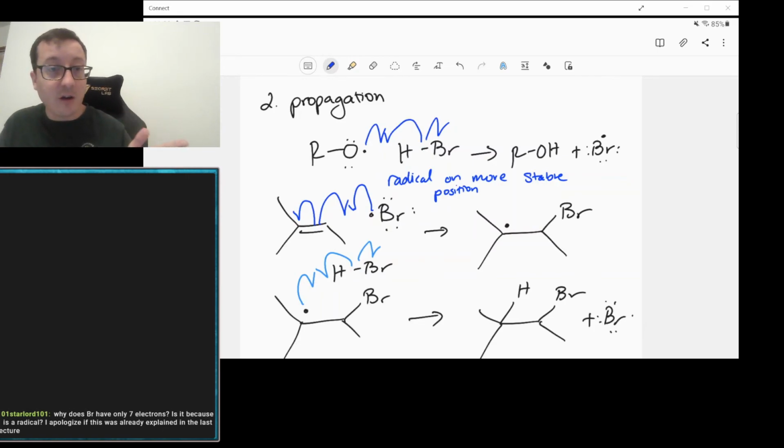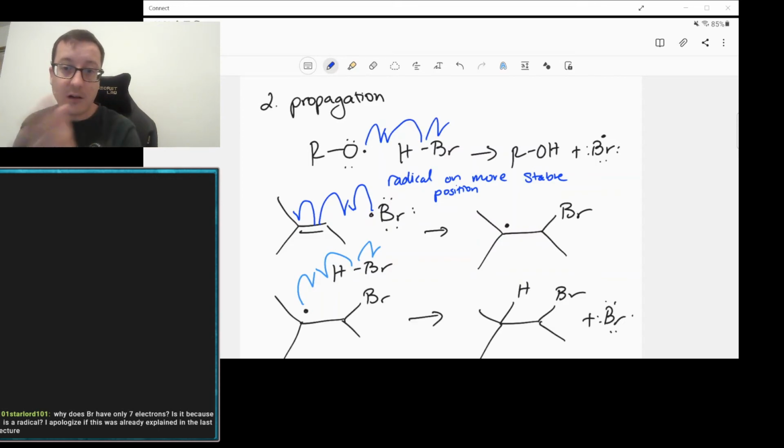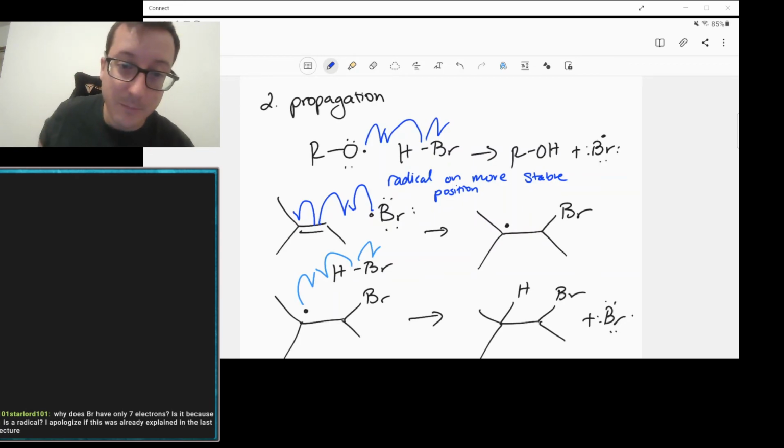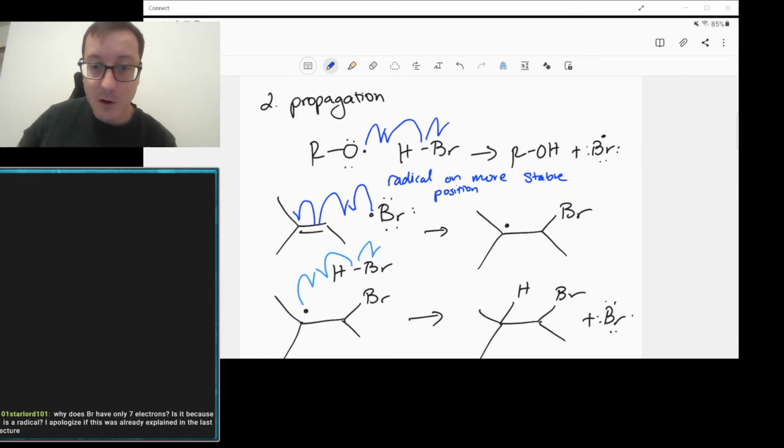So we have our peroxide radical attack a hydrogen bromide, making an alcohol and the bromine radical. The bromine radical then can add to the double bond, add to a pi bond, creating a radical, which can then abstract a hydrogen, producing another bromine radical.